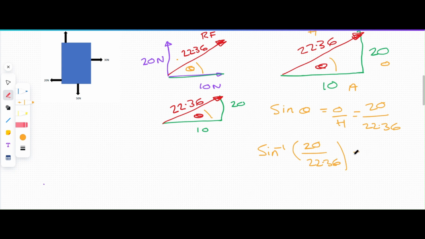So if you're in degrees, hopefully you are, you should get an answer, inverse sine of 20 over that, 63.4 degrees. So the angle in here is 63.4.